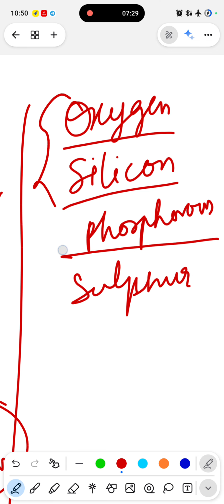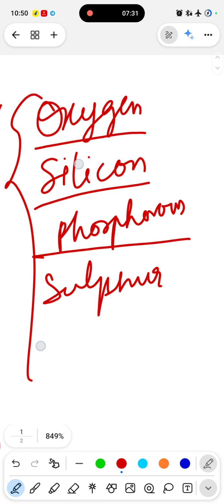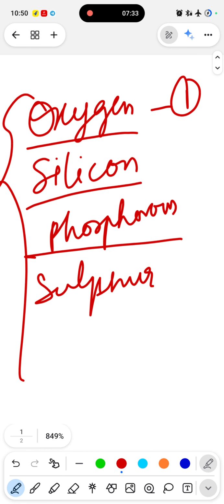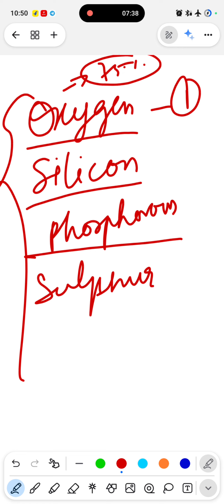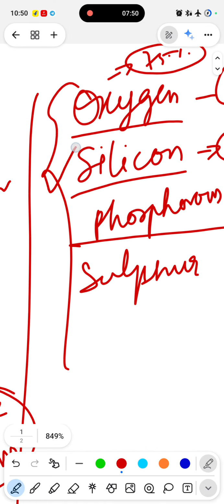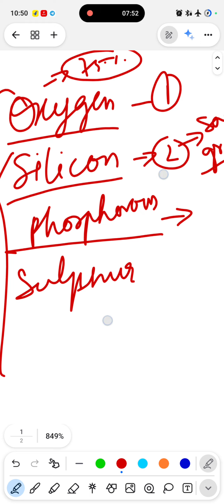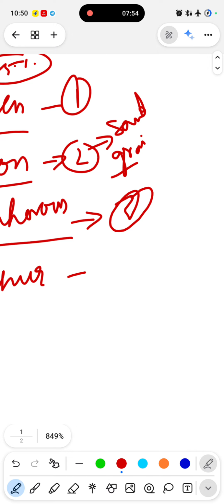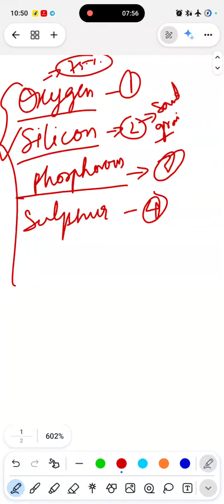That's just enough. Oxygen is the most abundant because it is almost 75% of air, as well as dissolved in water, so it's everywhere. Second is silicon. It is in soil, and sand grains have silicon. Phosphorus is third, and fourth is sulfur.